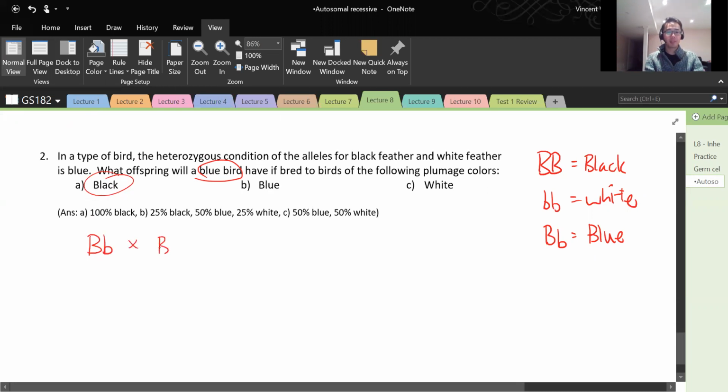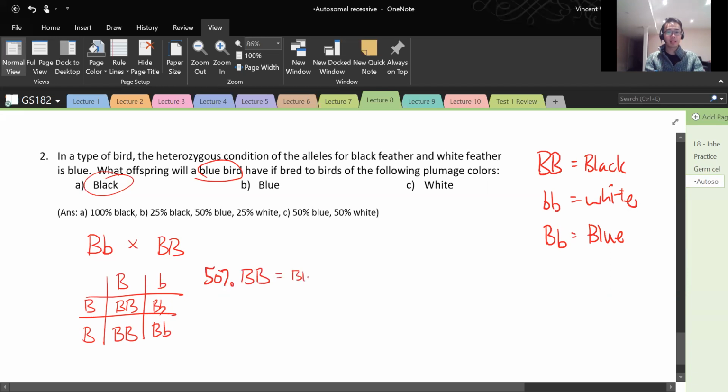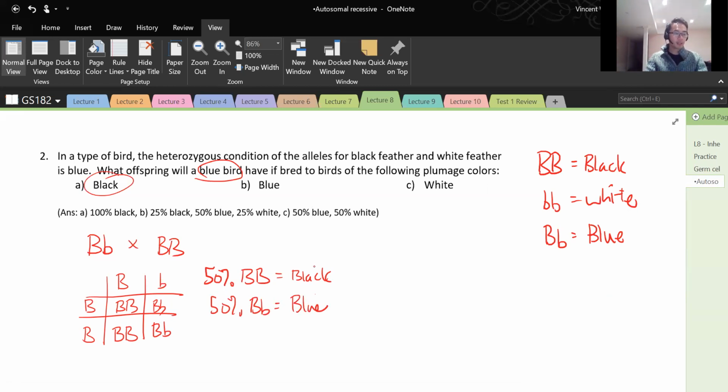Black bird is big B, big B. When you do the Punnett square, you will see that 50% chance of big B, big B, which is black, and then 50% chance of big B, small b, which is blue. Okay, you do it the same way. It's just that the way you interpret the answers, it's going to be different.